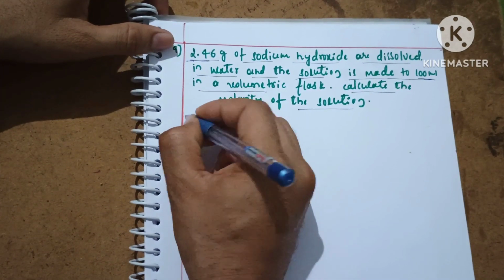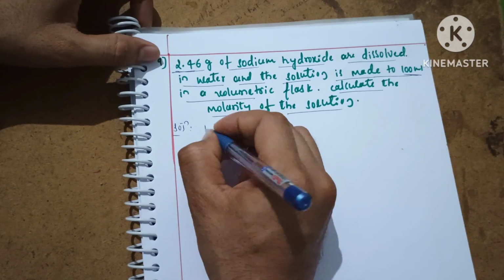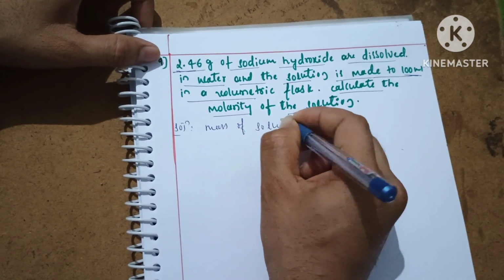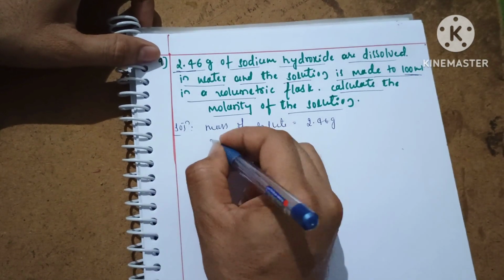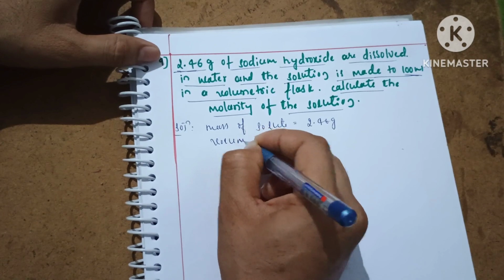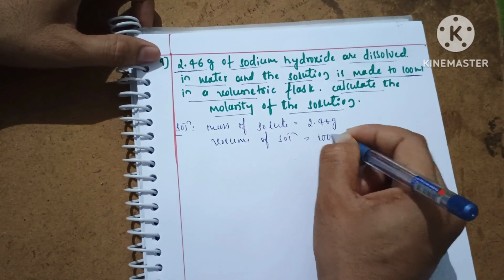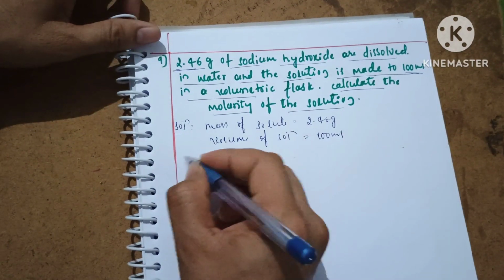So first again I will write the data. What he has given: mass of solute, that is 2.46 gram, and he has given the volume directly, that is volume of solution is 100 ml. Next we have to calculate the molarity.